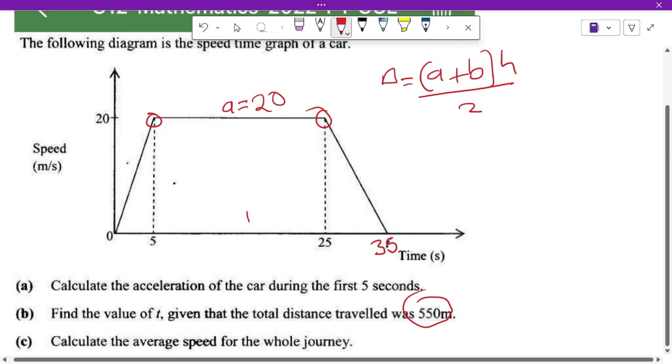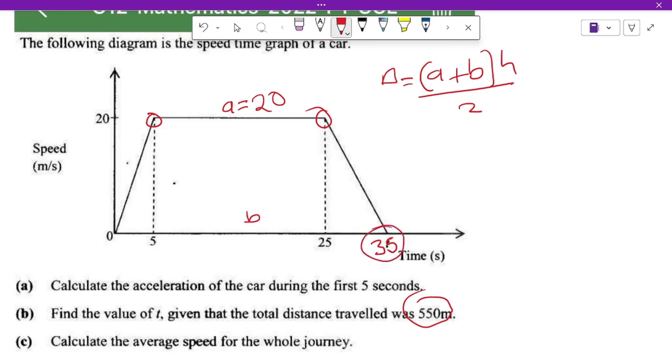B, we said this is the distance from this one to this one. So I'm just going to say 35 minus 0 gives us 35. That is our b. What is our h? Our height is this one here, the distance from there to there. How do you find the value? You are going to say 20 minus 0, giving you a 20 there.